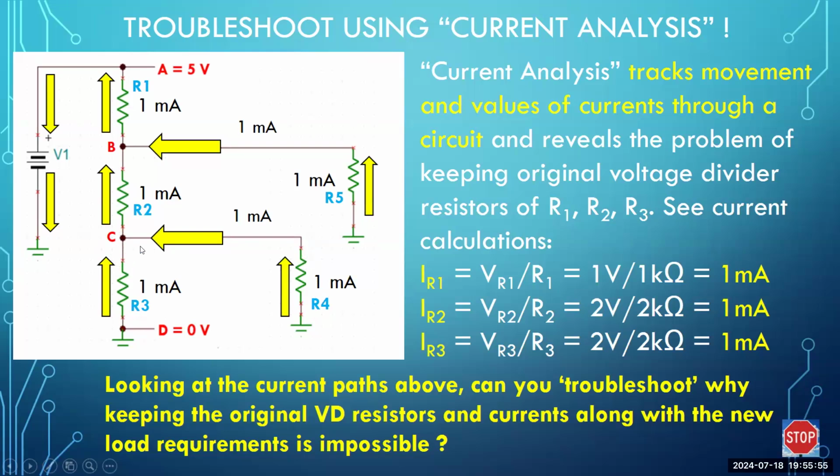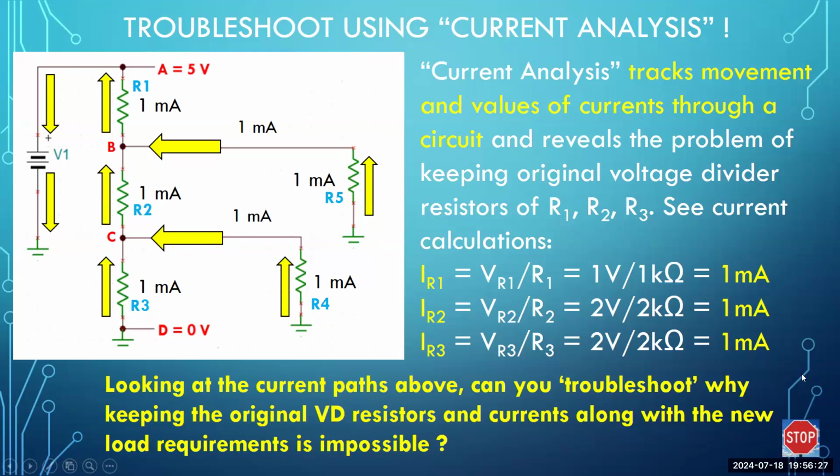If these 2 paths of current come together like 2 tributaries of a river coming together, don't the values add? Doesn't it make sense that this 1 milliamp coming up through R3 and this current coming up through R4, because that was a design requirement, coming into node C, shouldn't these two add to give you 2 milliamps? But what's actually coming out of node C is not 2 milliamps. Something's happening here.